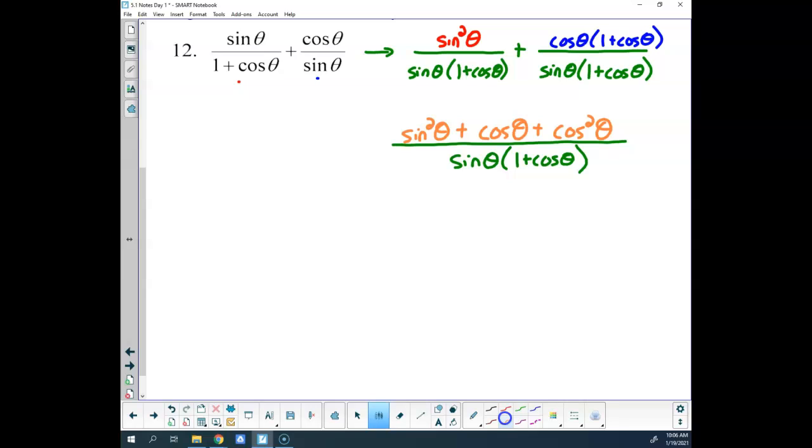And then you would say to yourself, is there anything that I can simplify on the top? Anything at all? What are you thinking, Lucas? The sine squared plus the cosine squared, these two right here, that makes a 1. So really my top is just 1 plus cosine of theta.